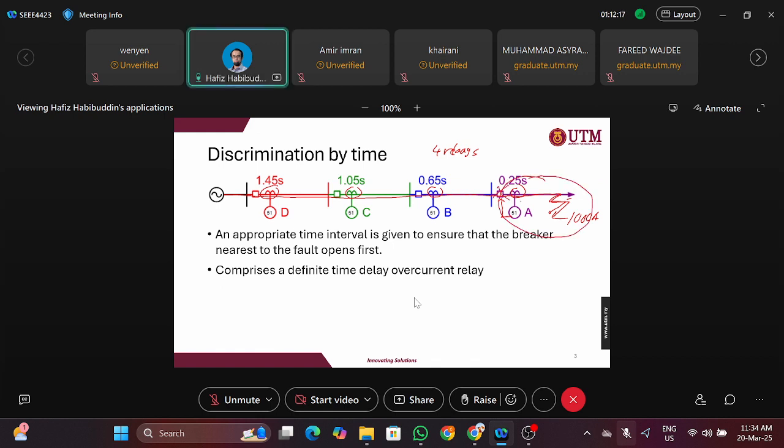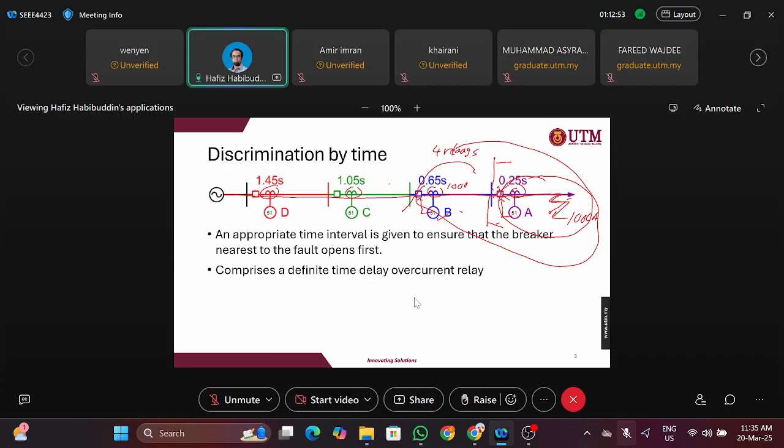But since that 1000 amp is seen by this relay as well, and judged to be the fault current, the relay will send a trip signal to the circuit breaker, it will open, and this part will be affected as well. And if there is another branch here, those will be affected as well.